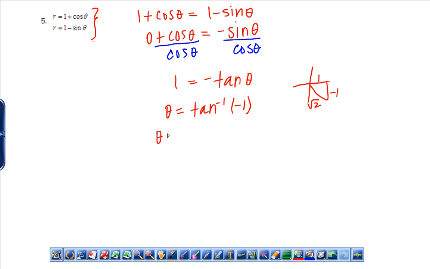So theta is equal to negative pi over 4 plus pi n. Remember, it's only 180 n. Plugging in values for n, and I got my answers to be 3 pi over 4 and 7 pi over 4.